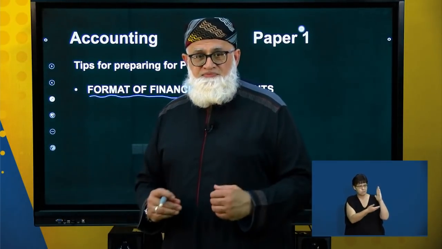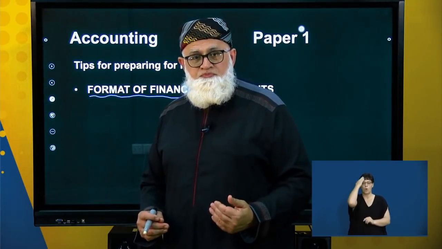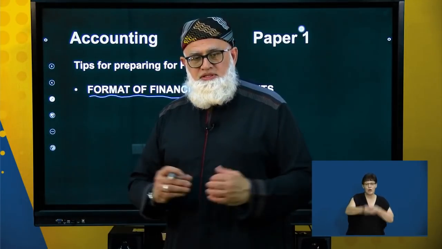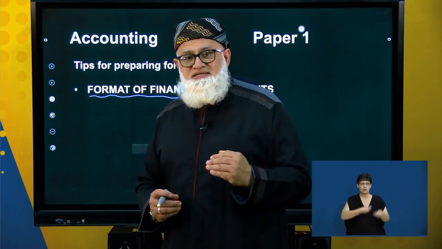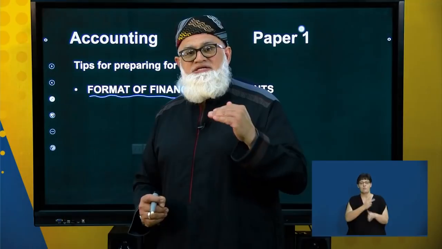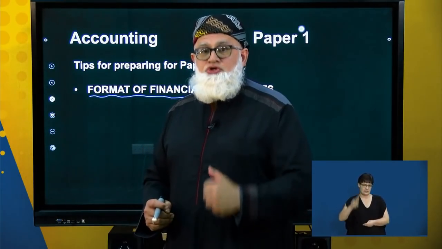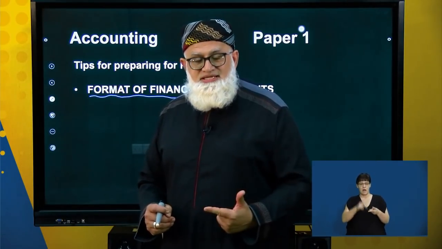For example, let me just illustrate one example to you so that you know what we're referring to. When you're looking at trade and other receivables, what are we looking at? We're looking at trade debtors, less your provision for bad debts, which will give you net trade debtors. What do you add to it? You add your accrued income. You add your prepaid expenses, right?